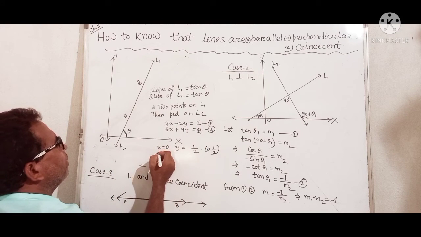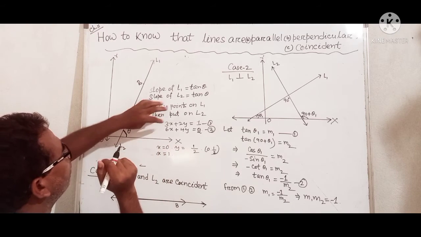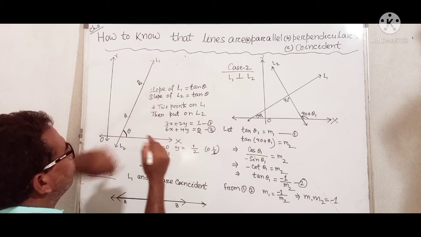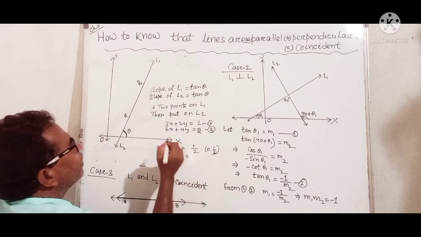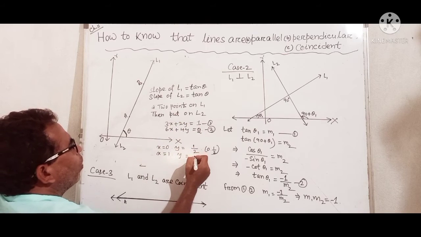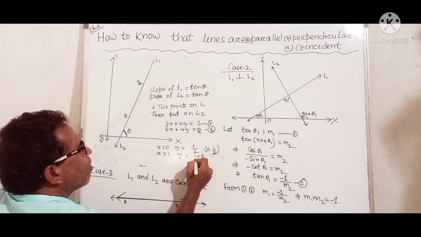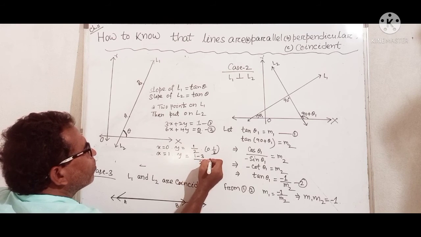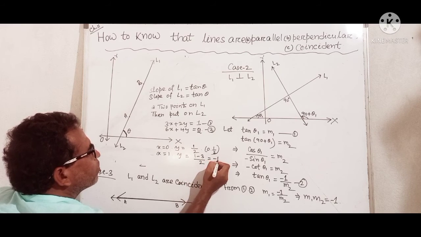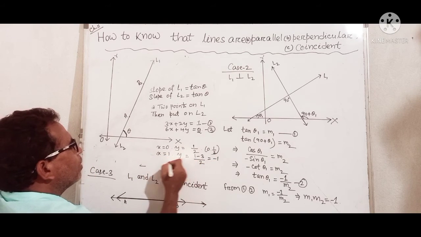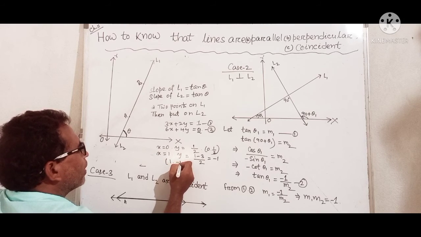Another point: x is equal to 1, putting 1, so y will be minus 3 by 2. So here, 1, minus 3 by 2, another point.